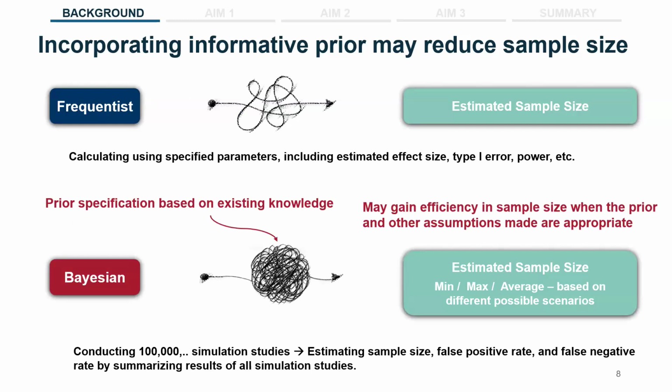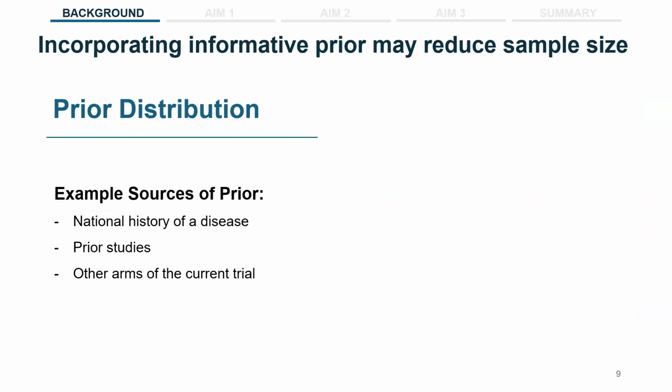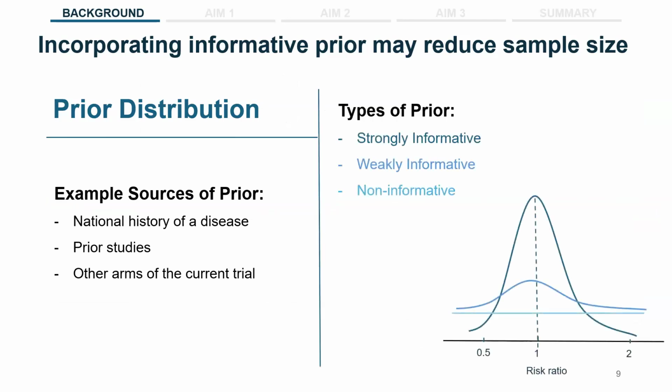So in Bayesian methods, the estimated sample size may be a range, and we may gain efficiency in sample size when the prior and other assumptions made are appropriate. Prior distribution can be based on many sources, including natural history of a disease, results from prior studies, data from other arms of the concurrent study, according to how applicable the existing information is.